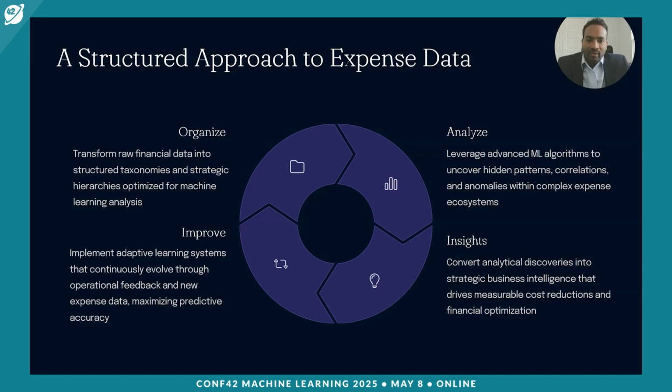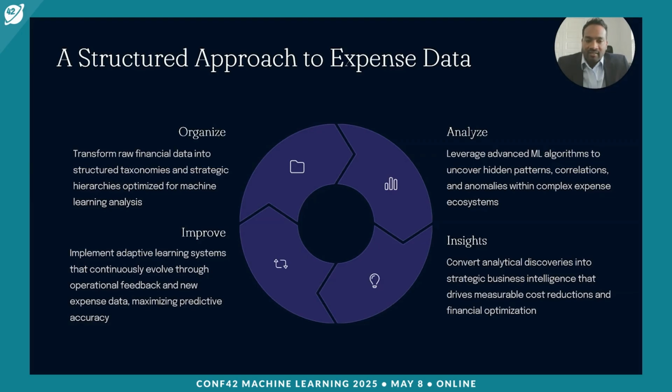Once you have your data ready to go, you can deploy any basic out-of-the-box machine learning model, or you can build your own custom one to analyze that data and identify some hidden patterns, correlations, and anomalies within complex expense data.